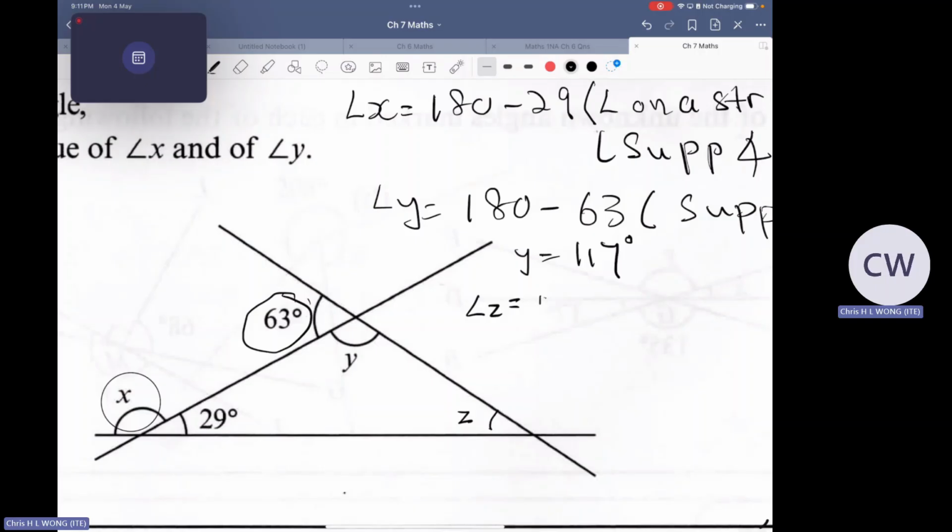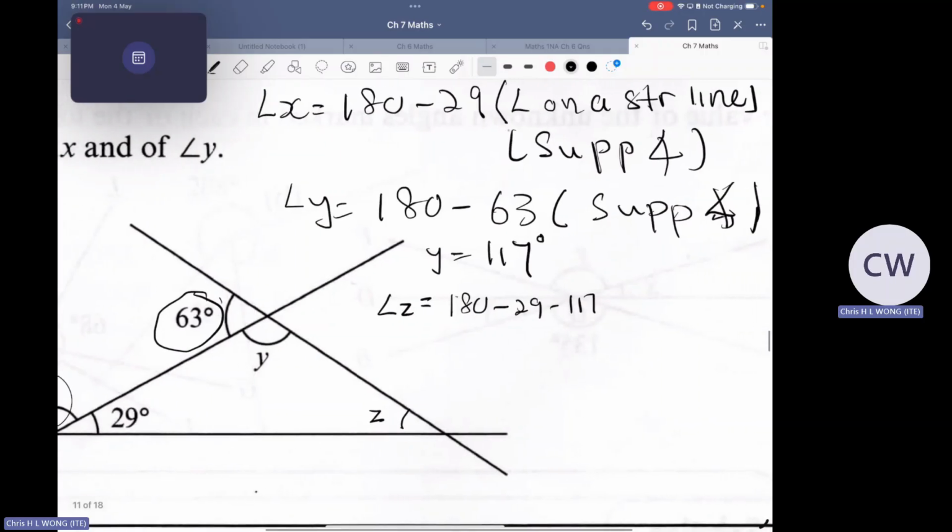I write 180 degrees minus 29 minus 117. Very good. What is the reason? Sum of angles in a triangle. Yes, correct. You must put this down. Answer please. 24? No, 34. Sorry, 34 degrees. So put down 34 degrees.